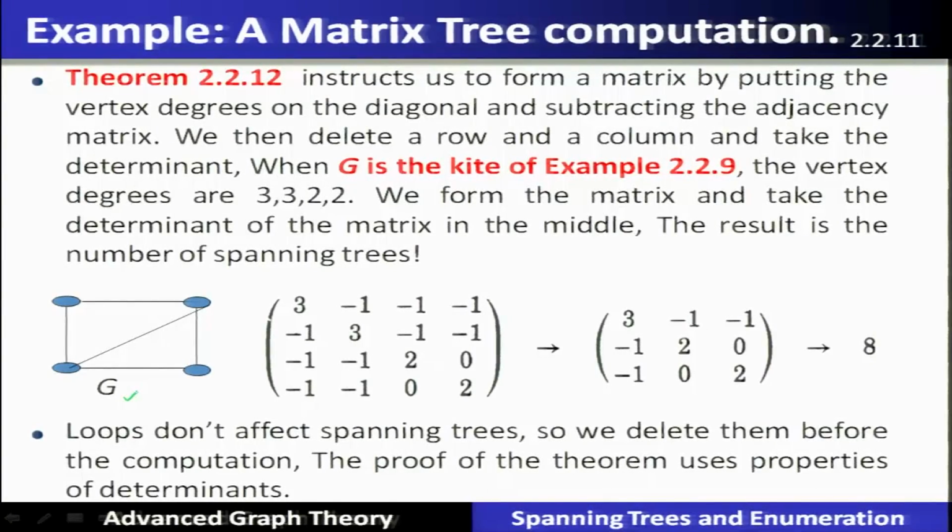So, what we have to do is first draw a matrix, called the adjacency matrix of this particular graph, and let us take this particular vertex as 1. Here the vertices are 1, 2, 3 and 4, for both rows and columns.